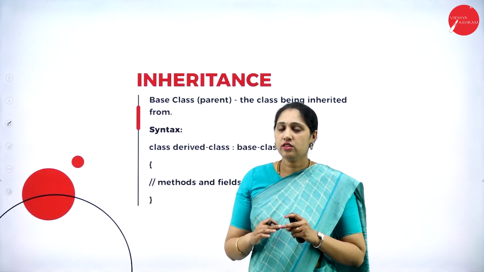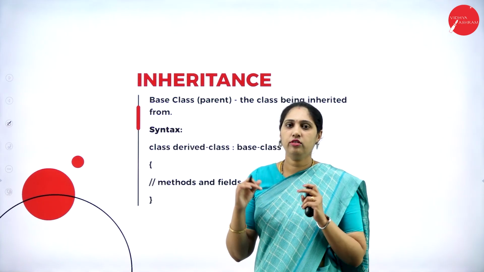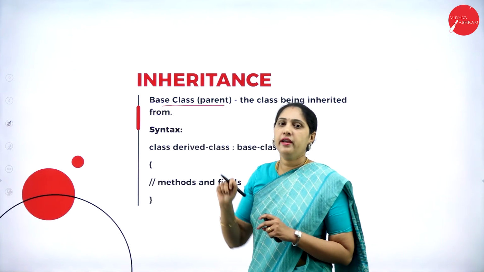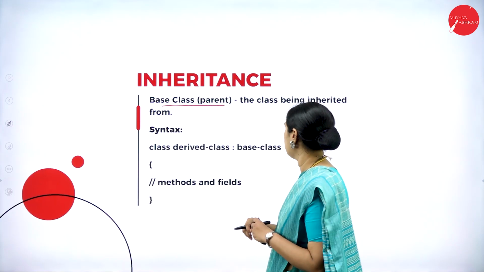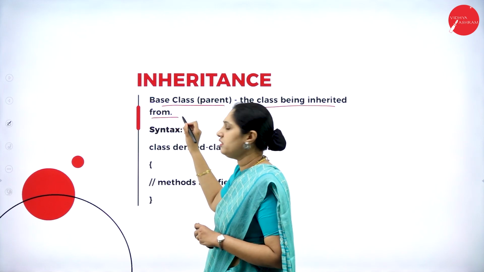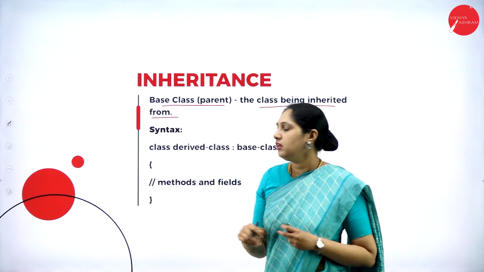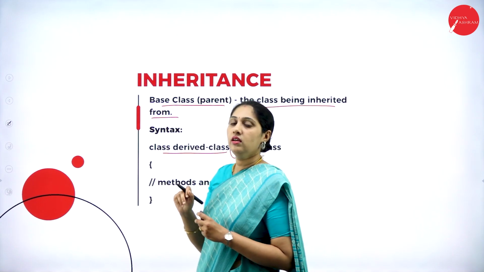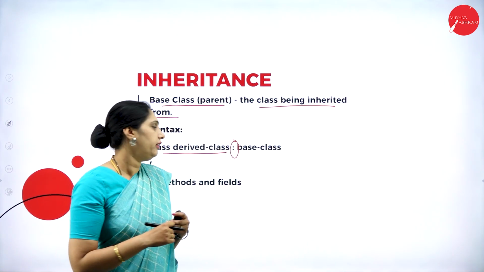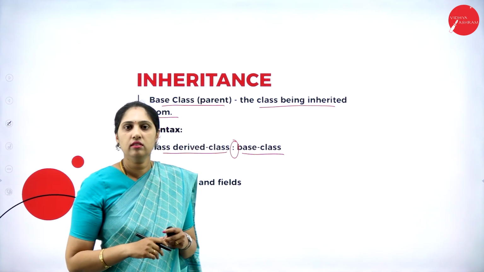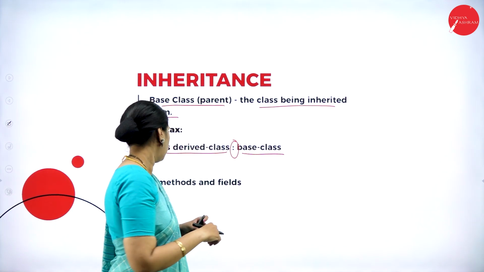So what is the syntax of it? Before going to the example, we have to understand how to write the syntax. We already said the parent is nothing but the base class, the class being inherited from. So what is the syntax for the derived class? Class, derived class, then the colon indicates we are inheriting the behavior of the base class. If you don't write the colon, it is not inheritance.